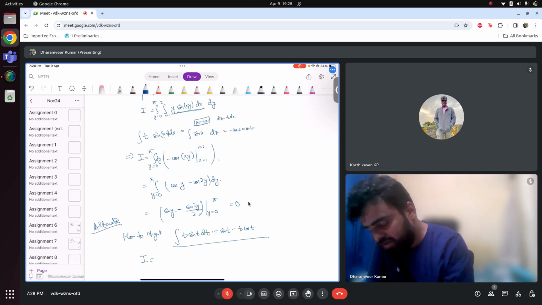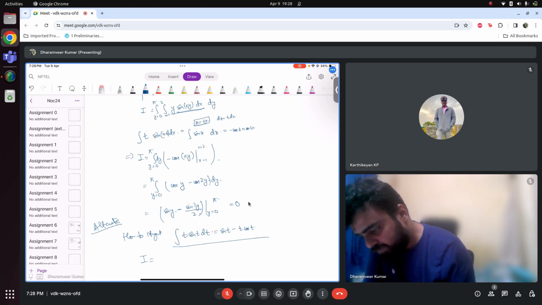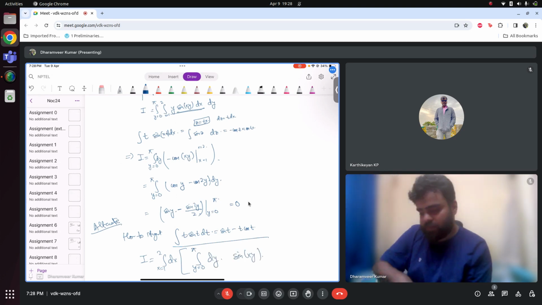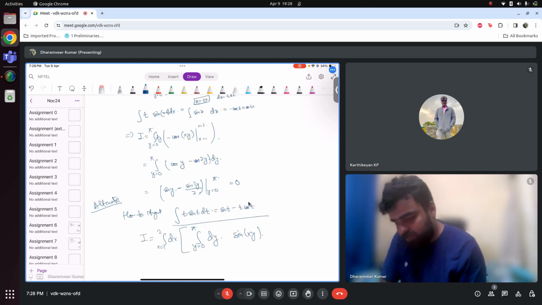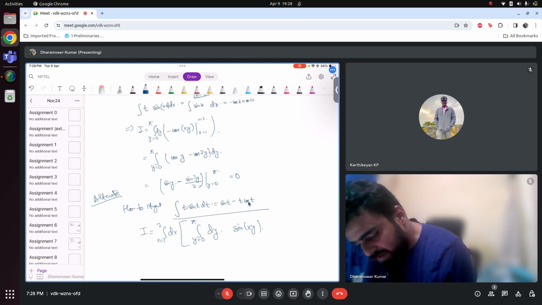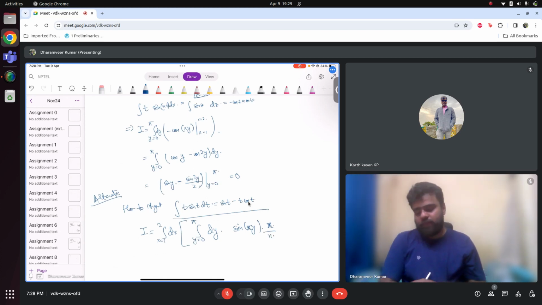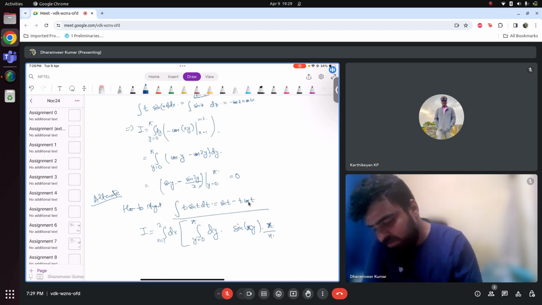Okay, so when you do this, what you encounter is, so you have to like from 1 to 2, there is dx, and then there is dy over here, right? So you have to multiply with x first, and then you can use this.